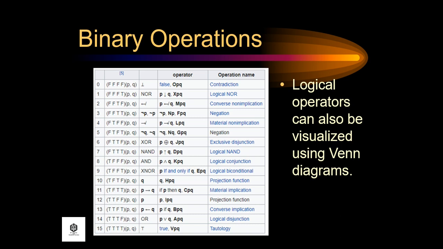So as you can see on the sample screen, the operation names are contradiction, logical NOR, converse non-implication, negation, material non-implication, negation, exclusive disjunction, logical NAND, logical conjunction, logical biconditional, projection function, material implication, projection function, converse implication, logical disjunction, and tautology.